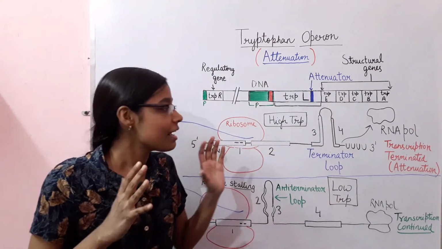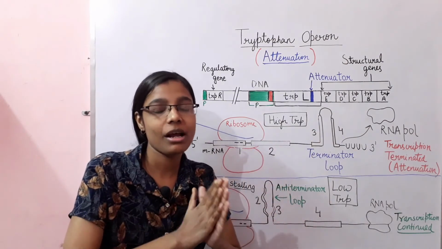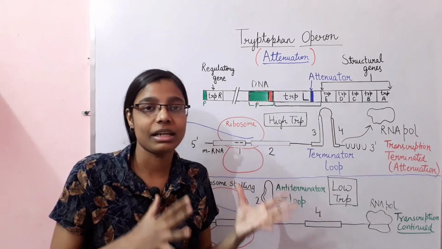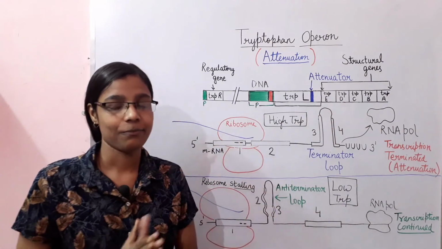And ultimately, as region 3 and 4 are free, they will pair up and form a kind of terminator loop, due to which transcription gets inhibited.